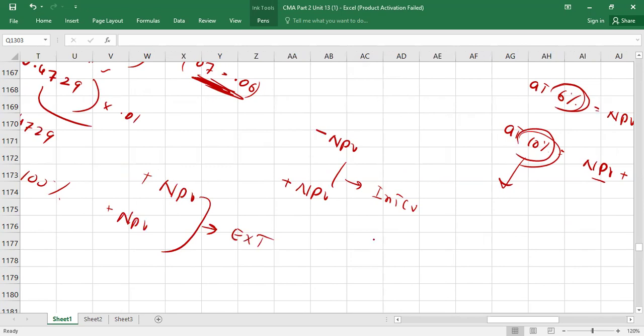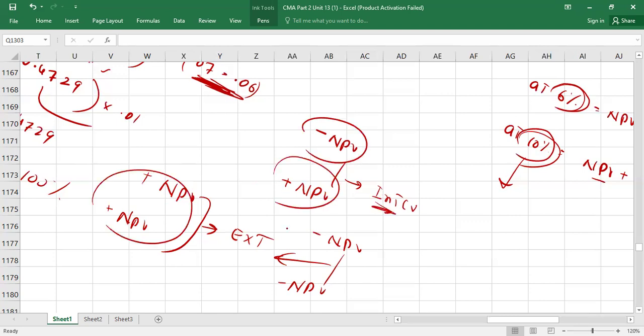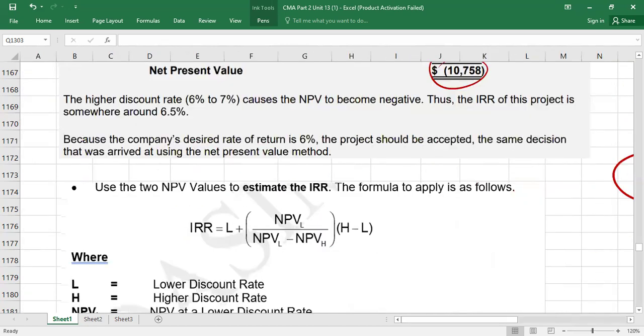So calculating IRR using one positive and one negative is interpolation; both positive or both negative is extrapolation. You just have to amend the formula.